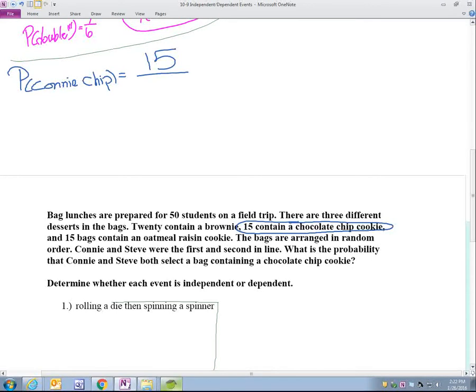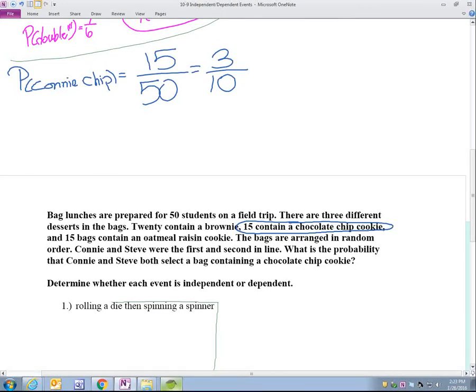How many bags are there in total? 50. There are 50 bags when Connie walks up there and she's like, I want this one. I need to simplify this to 3/10. Always simplify.